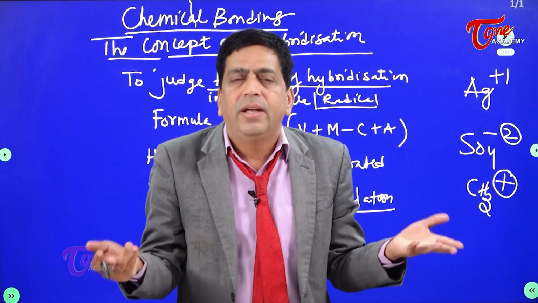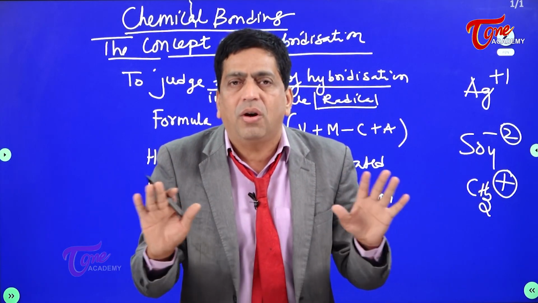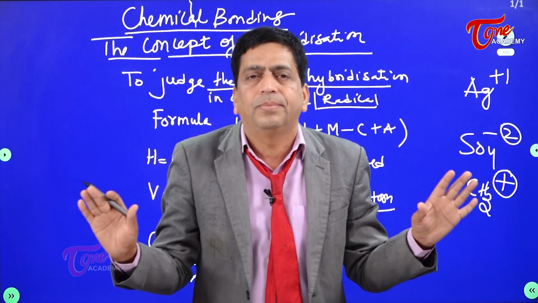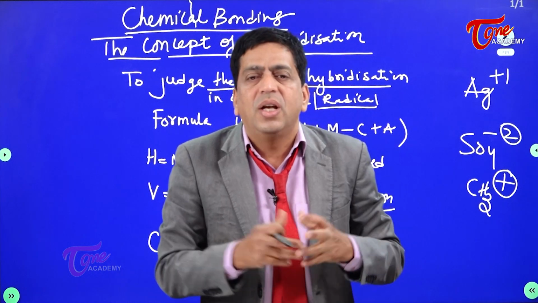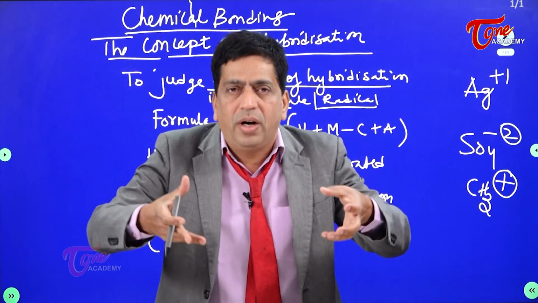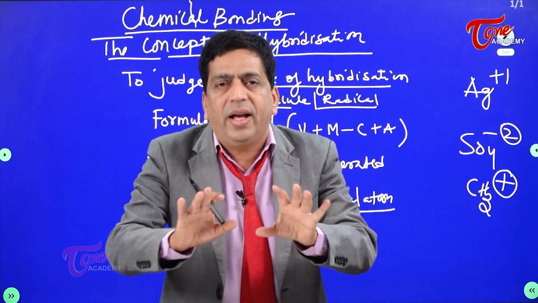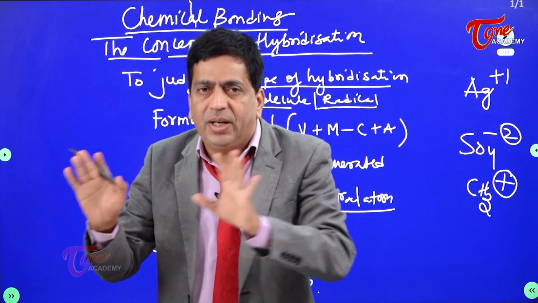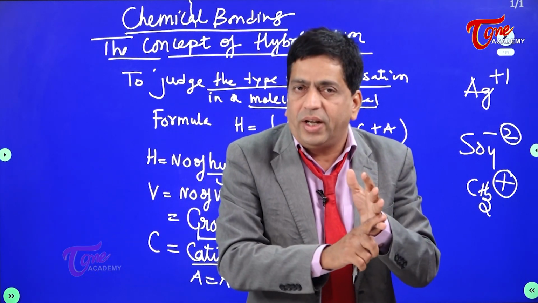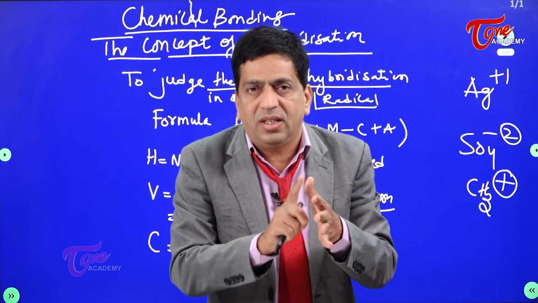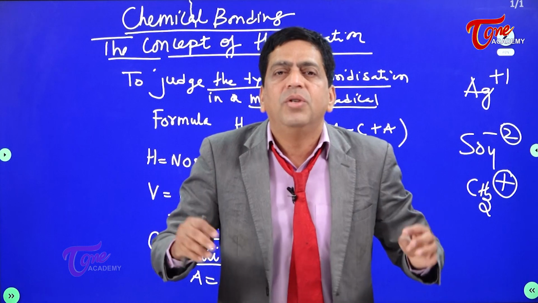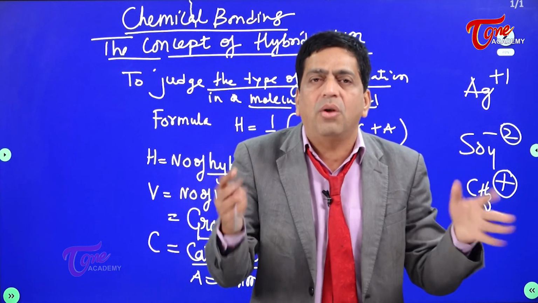If it is not fixed, bond angles are not fixed, structures are not fixed. That is a major issue. Second, whenever p orbitals are involved in bonding, the bond angle remains 90. That means H2S has 90, water has 90, ammonia has 90, PH3 has 90, every one has 90, which is ridiculous, meaningless, nonsense.